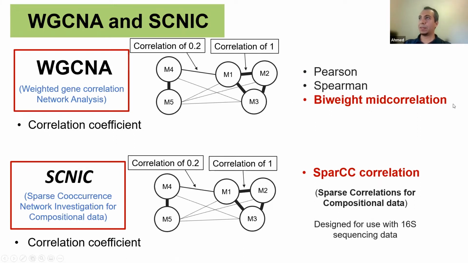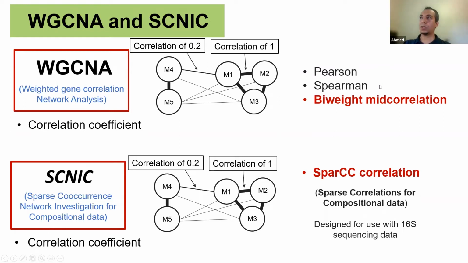And the reason behind this is that you are trying to account for the limitations of Pearson and Spearman. So Pearson correlation, you're working with continuous data, but the problem is you have high susceptibility to outliers. Outliers can severely influence the coefficients that you get from this Pearson method.